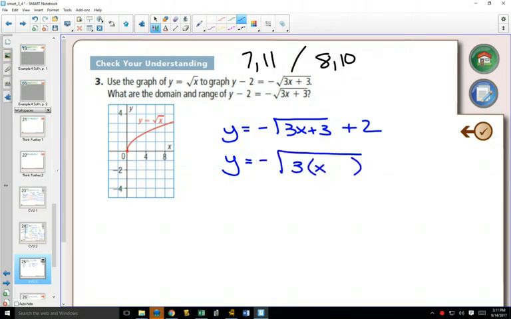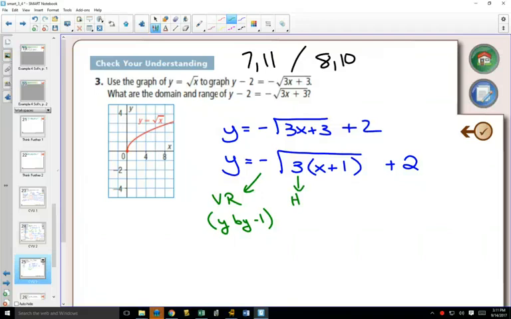If I factor out the 3, it's going to be inside x plus 1. Right? Because 3 multiplied by 1 gives us that 3. And there's still the plus 2 afterwards. So when describing these things, this is a vertical reflection. What's going to happen is you're going to multiply y by negative 1.